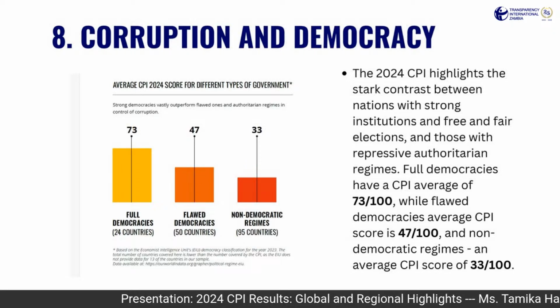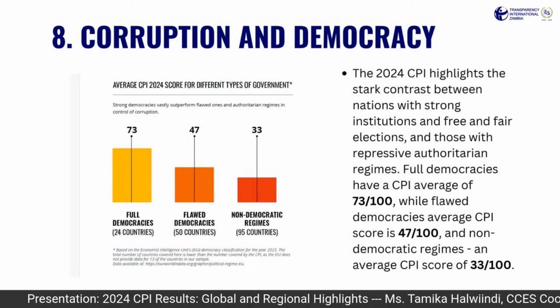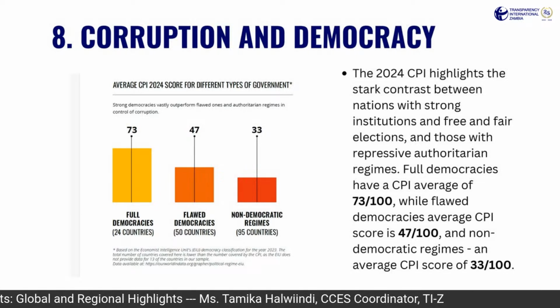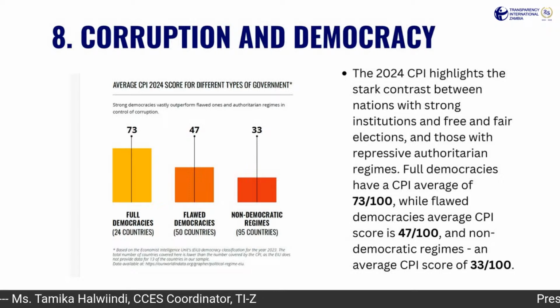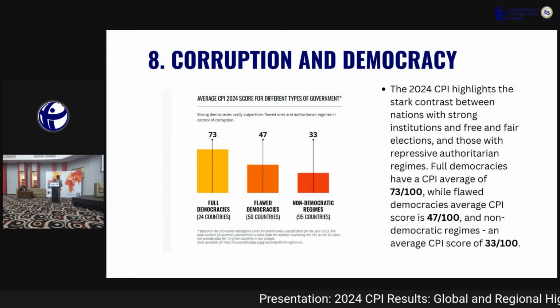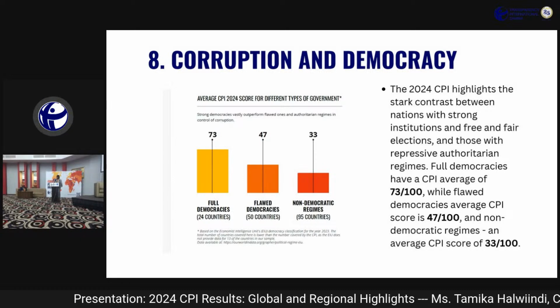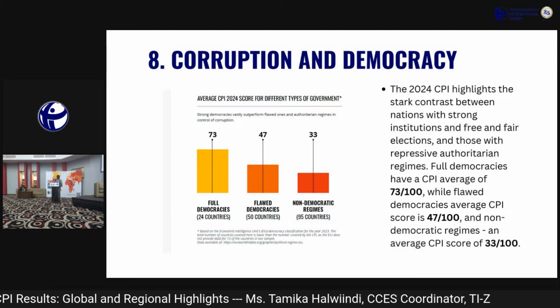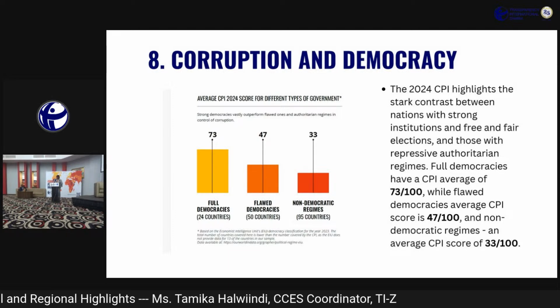Flawed democracies, that's 50 countries, with an average CPI score of 47, and non-democratic regimes, that makes up 95 countries on the CPI. Their average score is 33. So we can see that it seems that corruption thrives in regimes that are non-democratic and, to some extent, flawed democracies.